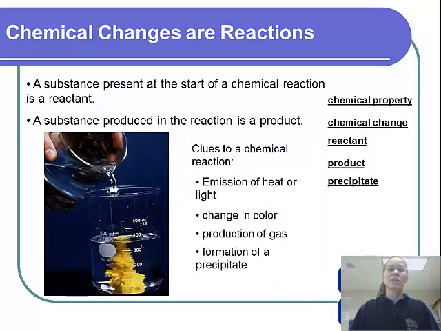Here are some criteria to determine whether a chemical reaction or chemical change has taken place. You did see several of these clues to reaction happen with the experiments that you were conducting. If a reaction emits heat or light, like when the magnesium was burning, you definitely saw light being emitted, and that would be an indication that a chemical change is taking place.